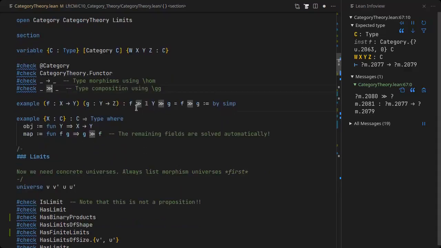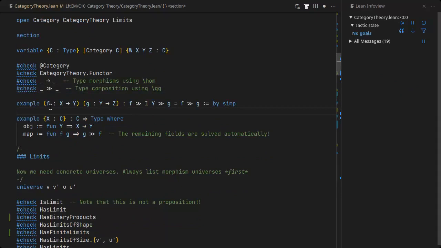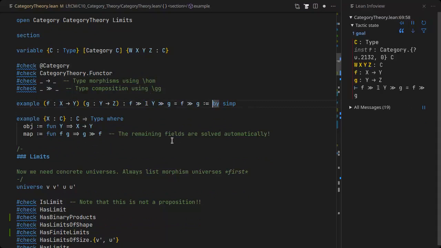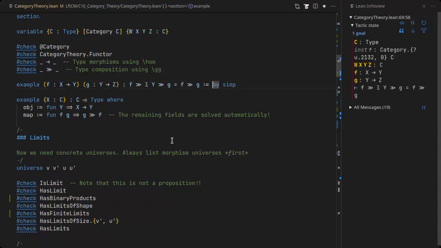So for example, you could express in an arbitrary category something like this: f being a morphism from X to Y, composed with the identity, that's our symbol for the identity, composed with g, equals f composed with g. Obviously, that's a really simple lemma.